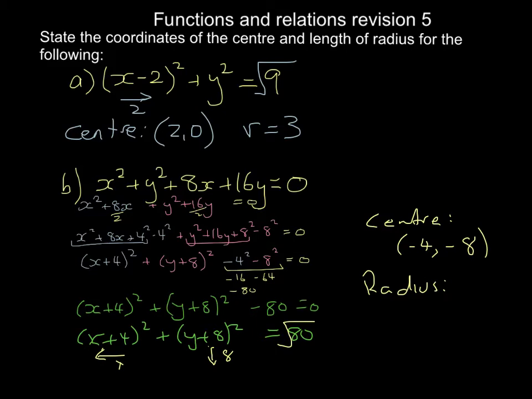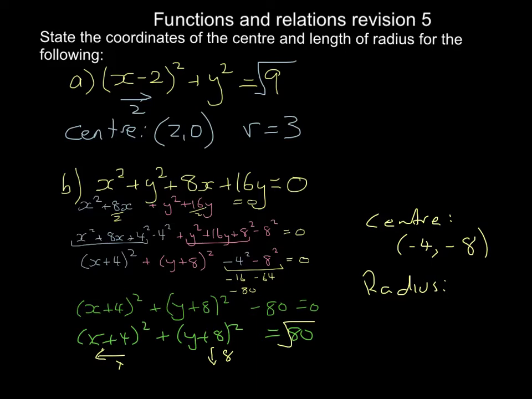Now, the square root of 80, what we need to do is to work out what that's going to be as a simplified surd. Now, when I look at the 80, I know that 80 is equal to 4 times 20, with 4 being a perfect square, and that 20 is equal to 4 times 5, with 4 being another perfect square, so that's 4 times 4 times 5, which is 16 times 5.